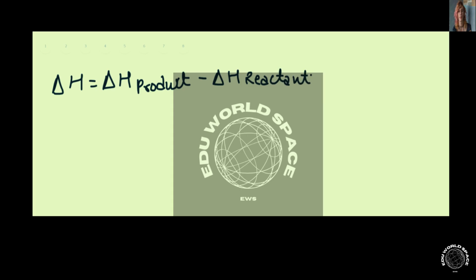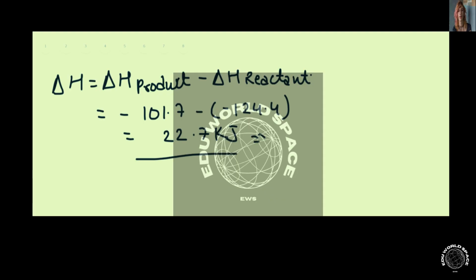Here the reactant will be silver nitrate in solid form while the product will be silver nitrate in liquid or aqueous form. So substituting the values, 101.7 minus 124.4 giving us 22.7 kilojoules. The value is positive, which means the reaction is endothermic.